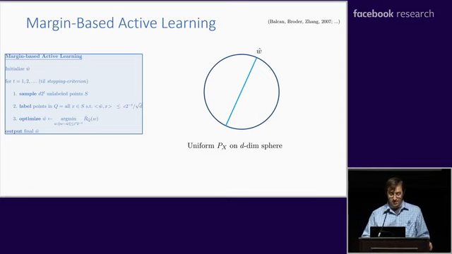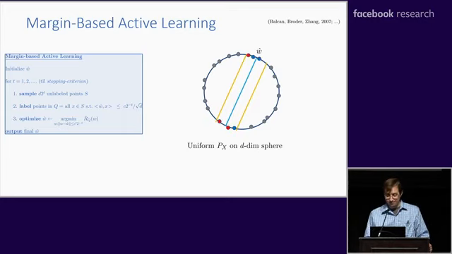Say on each round, we have some W hat. So here's the algorithm. Believe it or not, this is roughly a relaxation of that exact algorithm that I had on the previous slide. On each round, you're taking a number of samples, and let's just query the samples that are in some slab around our current guess, our current W hat.